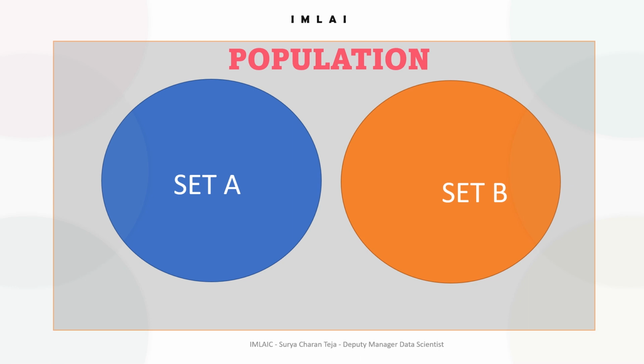Let's take Bengaluru city. So we can define two sets. Set A contains all the residents who prefer Italian cuisine, and the other set contains all the residents who prefer Mexican cuisine. So we can randomly sample a certain number of residents from Bengaluru city.